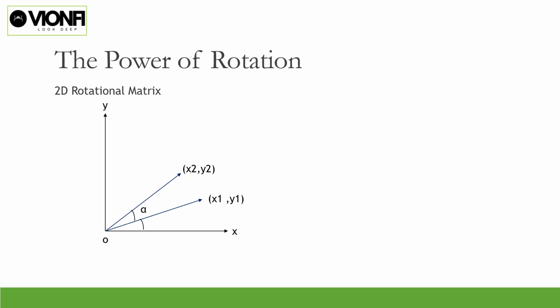Now, as you have the right angle triangle equations, we take two right angle triangles with the 2 points, and now we compute the trigonometric identities for these two right angle triangles.